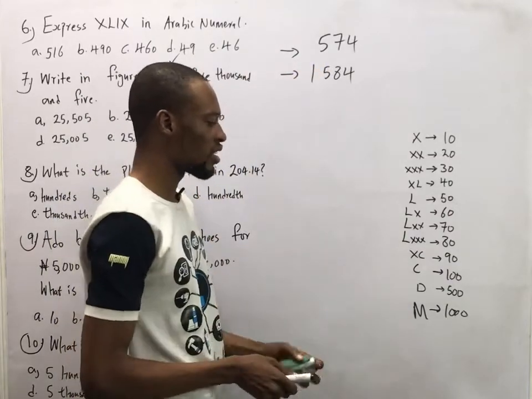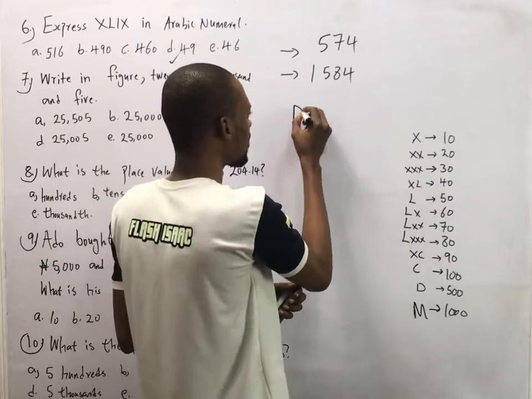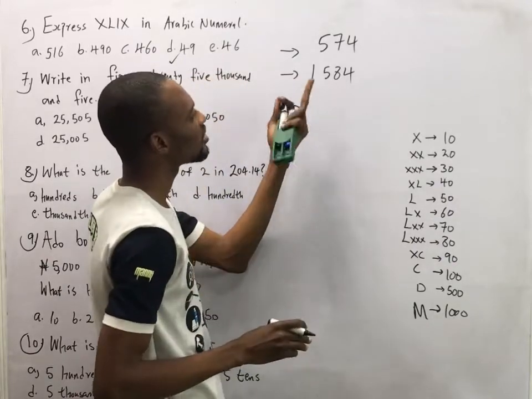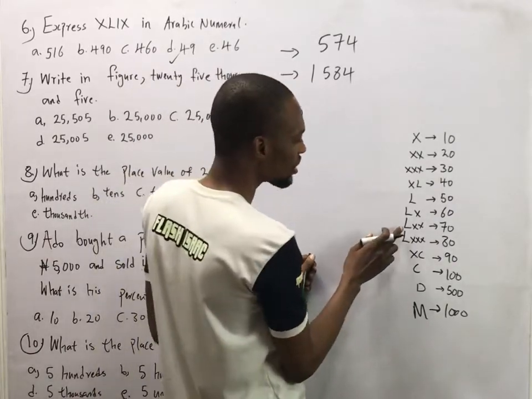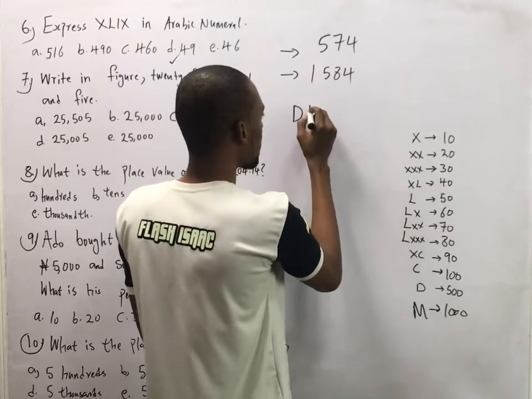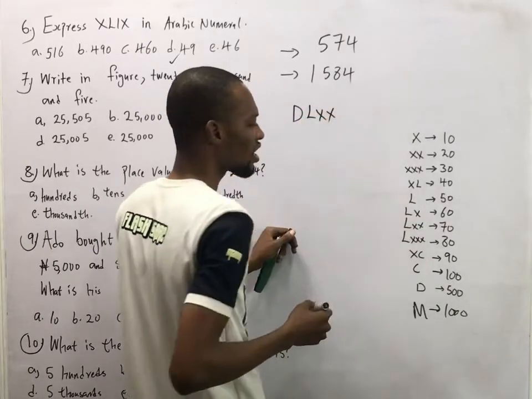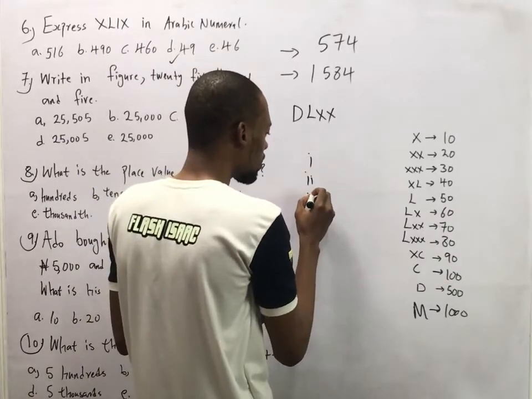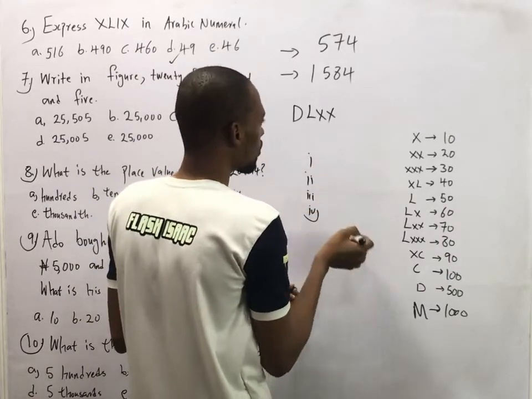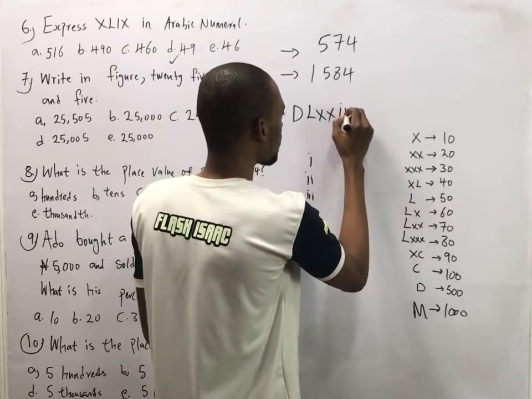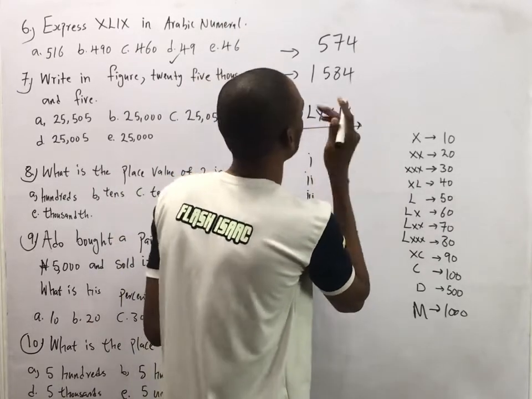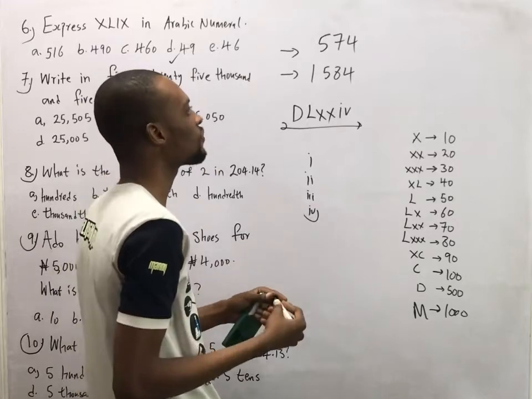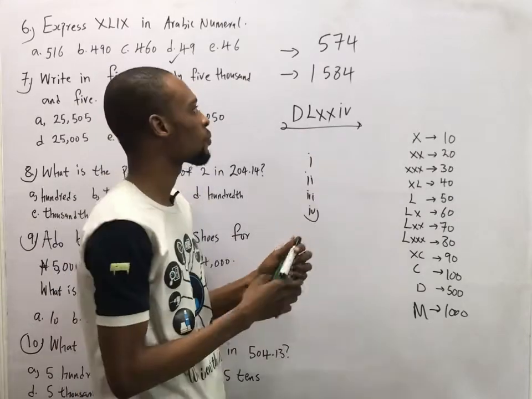What is 500? 500 is D, right? Now, what is 70? 70 is LXX. And how about 4? This is 1, this is 2, this is 3, and this is 4. So that means 4 comes here. So this is simply 574 in Roman figures.